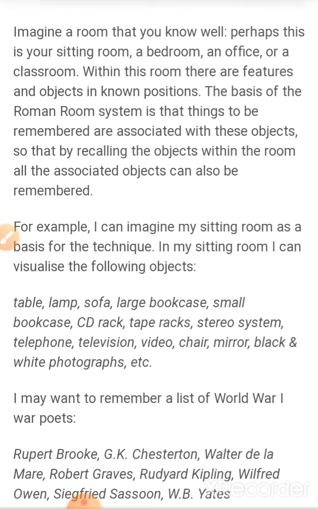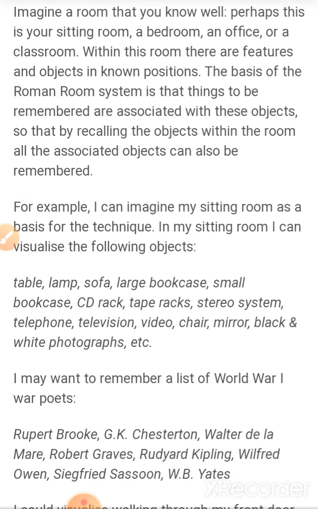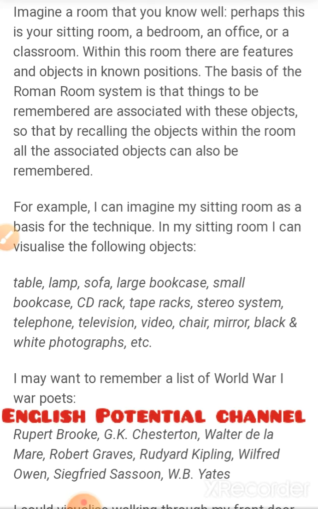So what we have to do is keep in mind the position of different objects of our sitting room, and we have to associate those objects with our information, and in this way we have to learn. For example, I can imagine my sitting room as a basis for the technique.